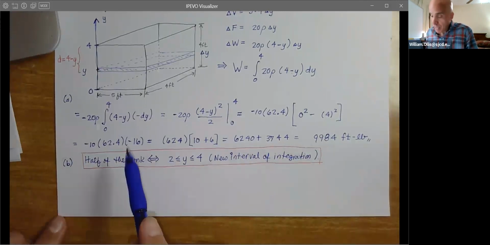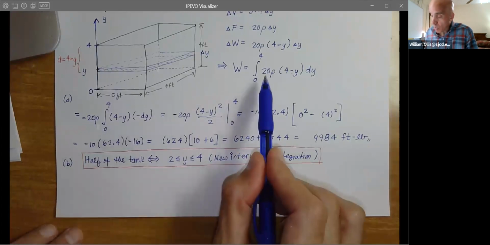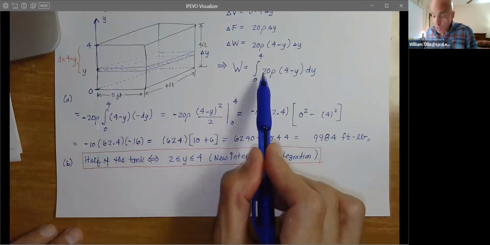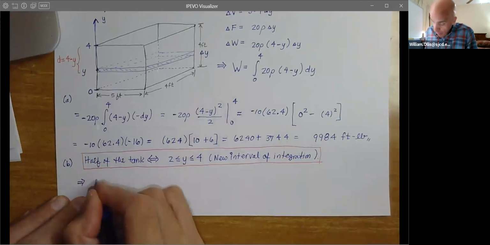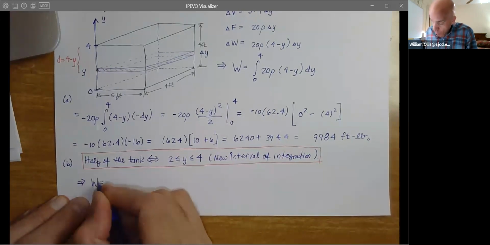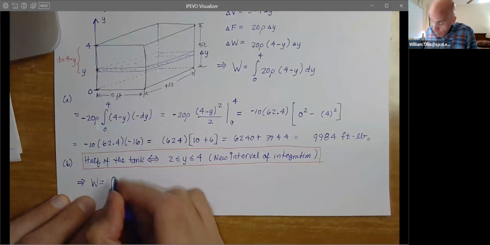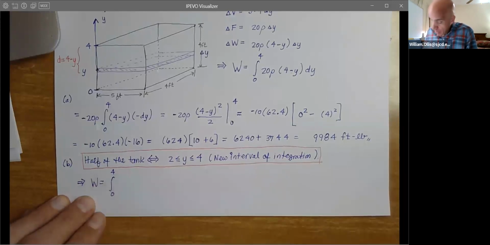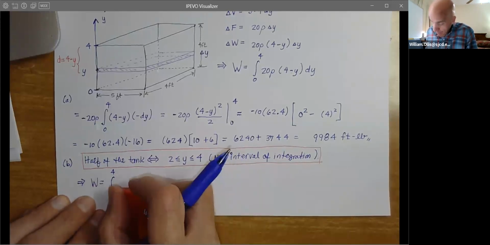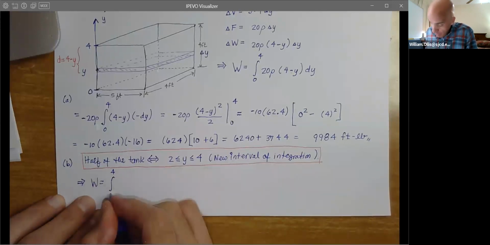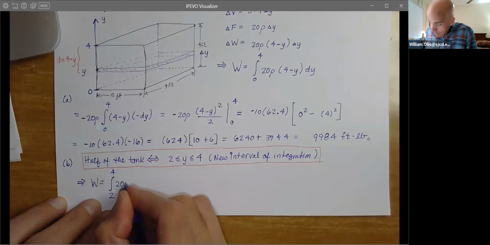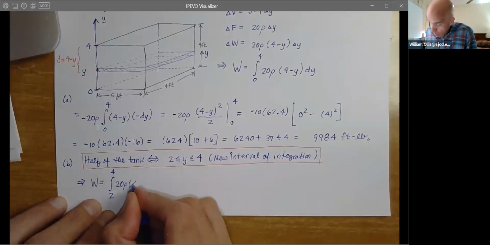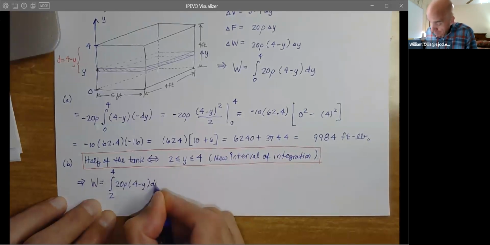So this just means that we set up the integral as we had before, but we change the limits. So this implies that we have work equals the integral from 2 to 4, the only change, of 20 rho times 4 minus y dy.